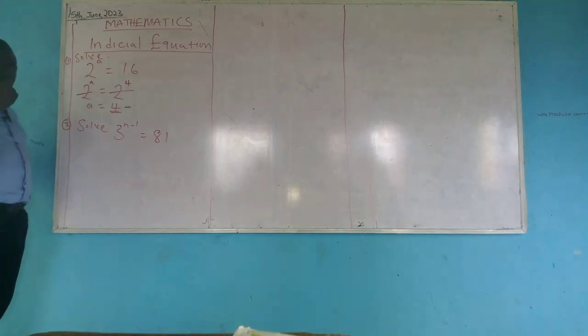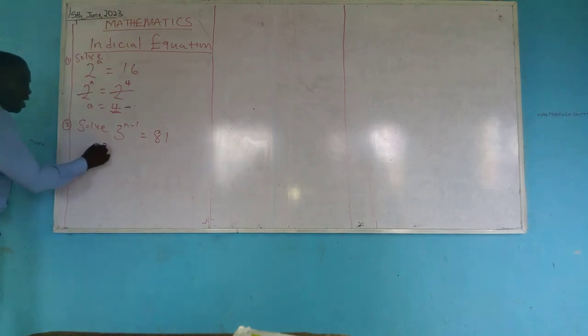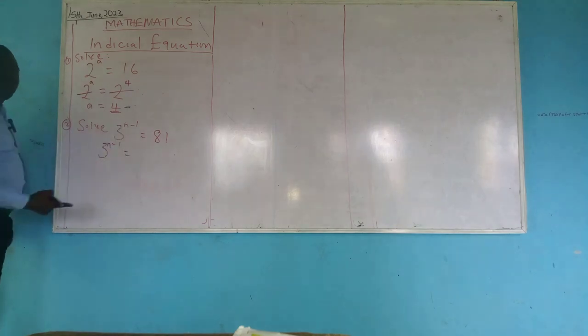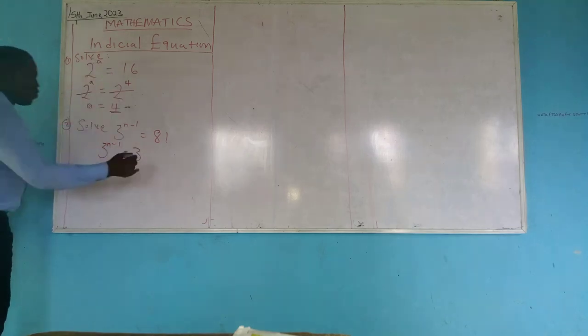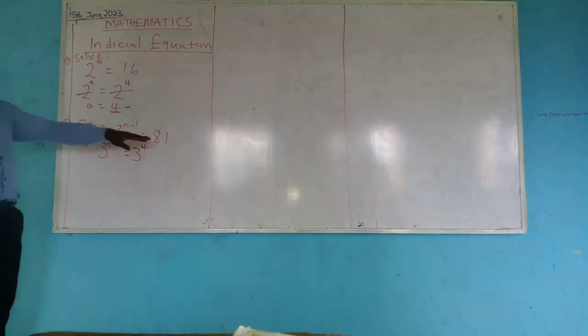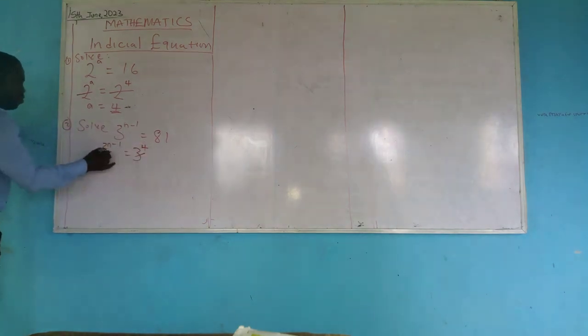So I begin to troubleshoot, I begin to rack my brain. I know I can't raise this to the power of 2, but I can raise it to the power of 3. 3 raised to power what now? I know 3 times 3 times 3 times 3, so that's going to be 4. And so 3 raised to power 4 is the same thing as 81. And then I can easily cancel my base.